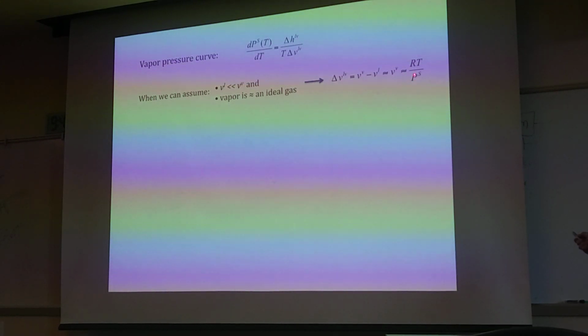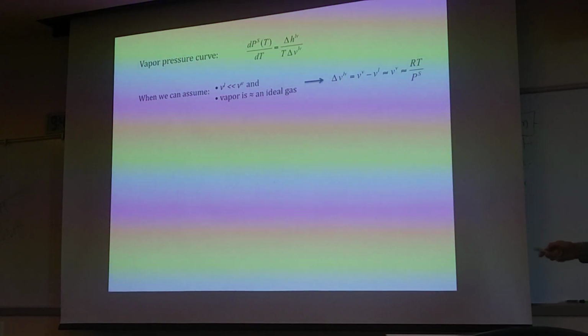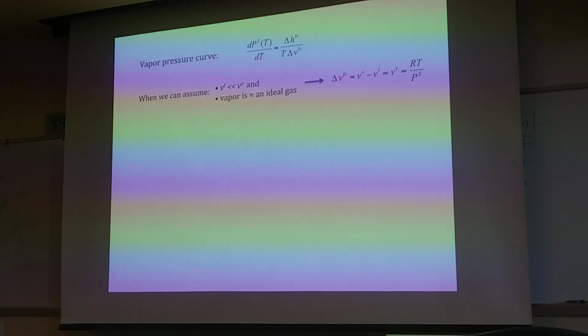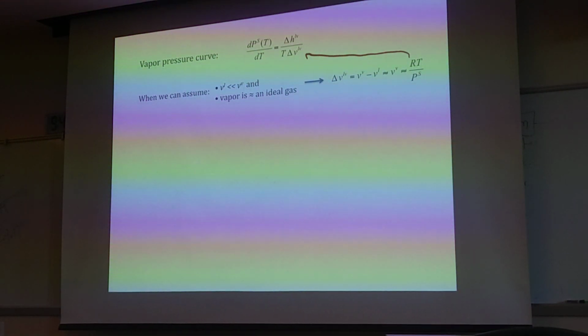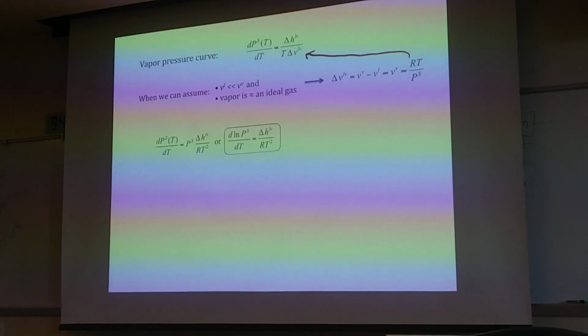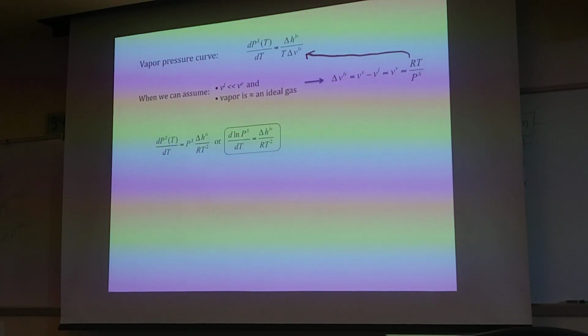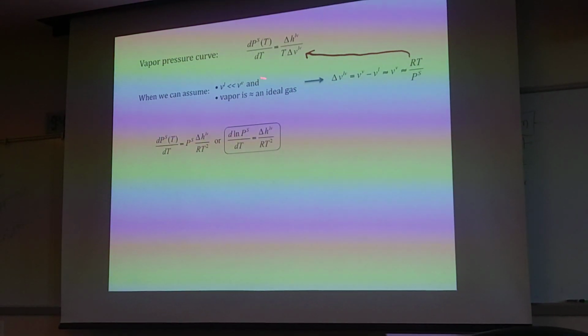So if I stick this in for delta V, then it converts the equation over into a form which is easier to deal with. So that turns into the differential equation again, but it's an approximation because it involves these two ideas.